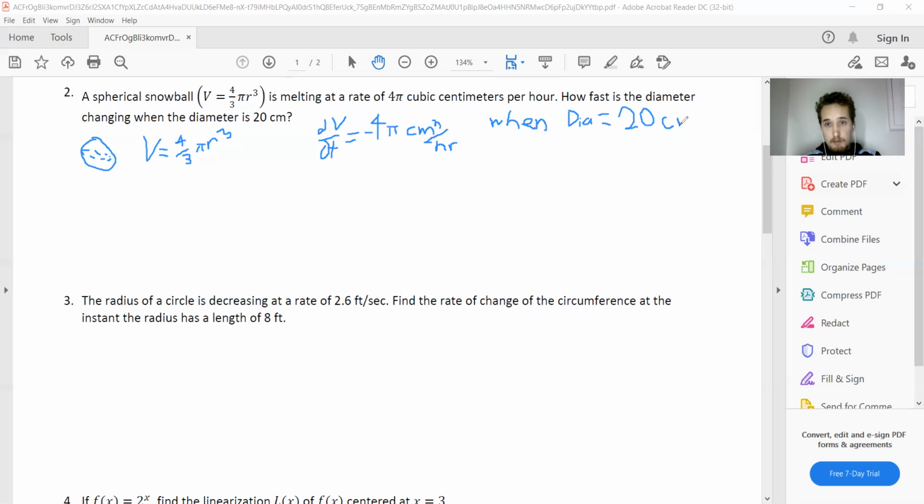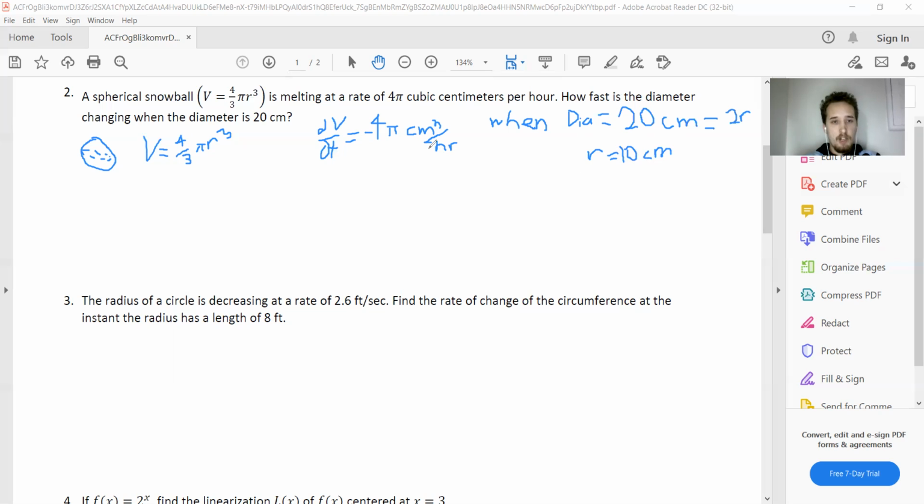Well, we know that diameter is equal to 2r. Diameter is just twice the radius. So when the radius is 10 centimeters, we can just convert it right there. So we've determined our known variables and we have determined our formula.